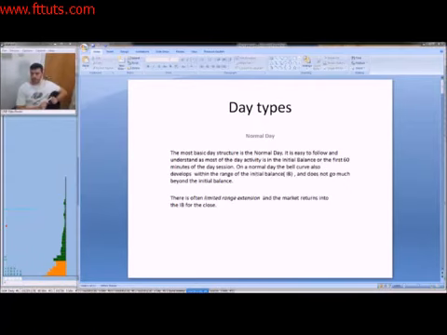On a normal day, the bell curve also develops within the range of the initial balance and does not go much beyond the initial balance. There is often limited range extension and the market returns into the initial balance for its close.